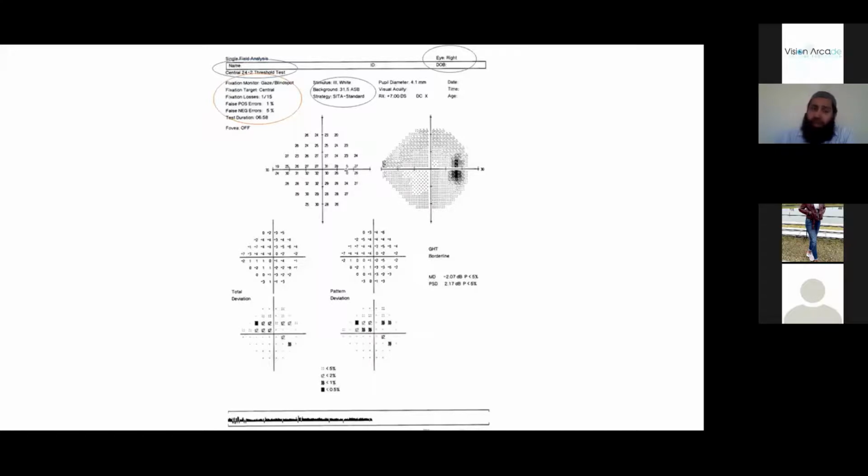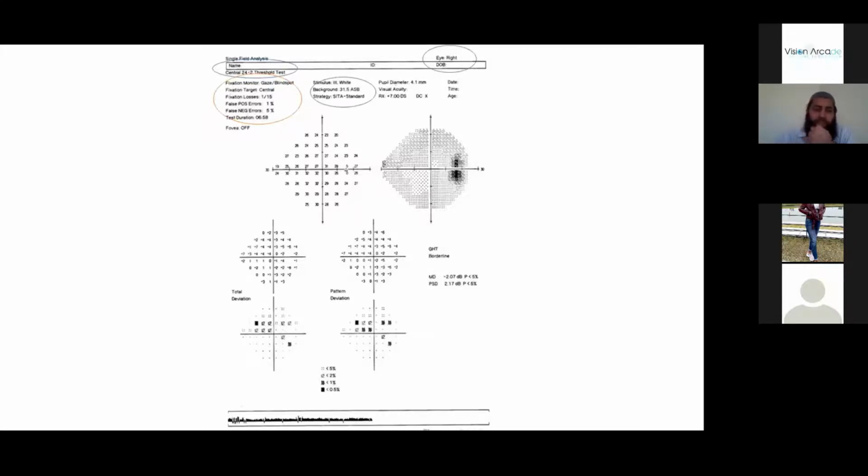Fixation losses, how many are we allowed to have before you start getting the two crosses next to that fixation loss? So in our case, it's 1 out of 15, and there's no XX next to it. If it is more than, I think, 15 or 20%, then the machine will show XX next to it. That means the test is unreliable and the patient's fixation is not good.